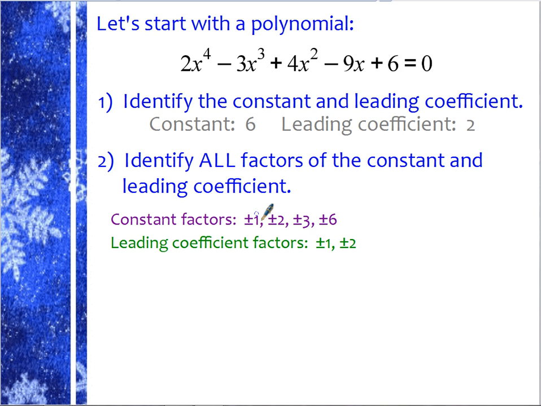Factors of 6 can be positive and negative 1, 2, 3, and 6. Factors of our leading coefficient 2 can be positive and negatives of 1 and 2. Remember, we're going to have to use positive and negative factors when using the rational root theorem.